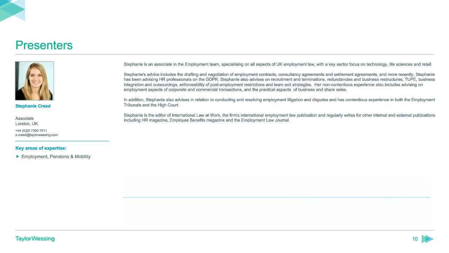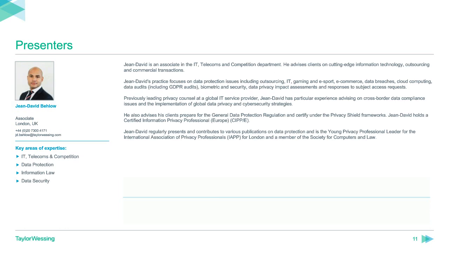Steph has a bit of a dual role in that she's an employment and labour counsel here at Taylor Wessing, but also has a very particular focus on data privacy and therefore GDPR impact on the employment and workforce environment. So there we'll be taking a look at that broader issue of HR data and introducing some case studies in that regard. And then we'll finish up looking at data protection impact assessments.